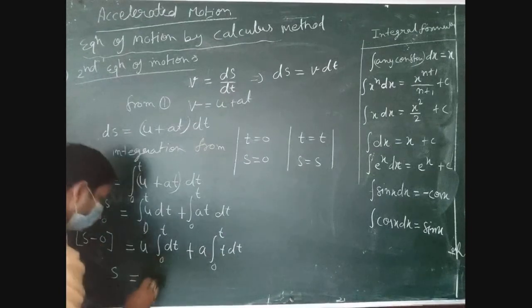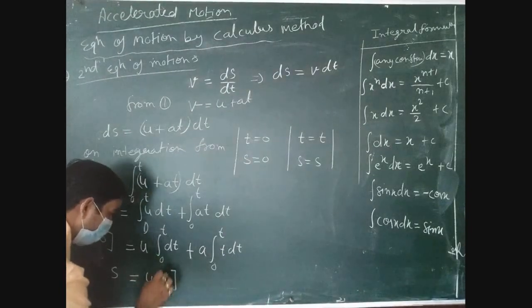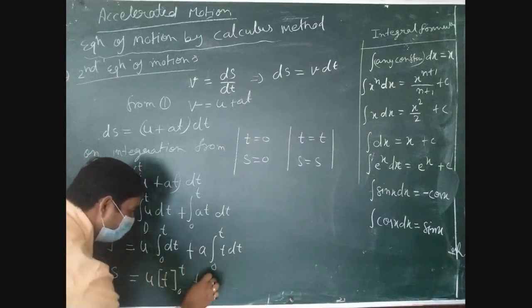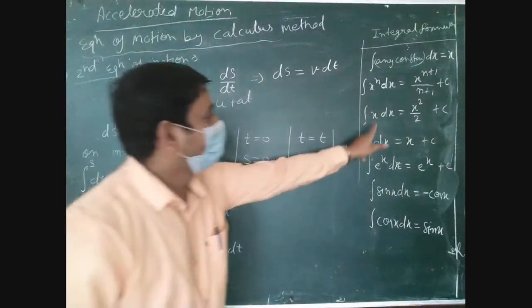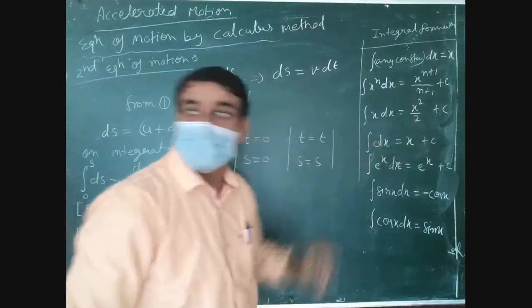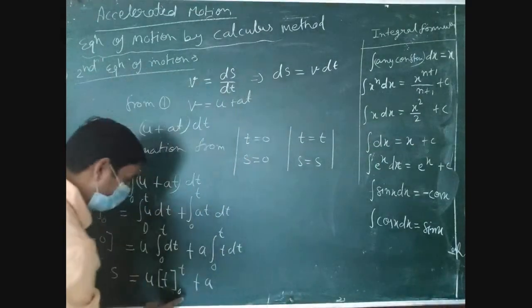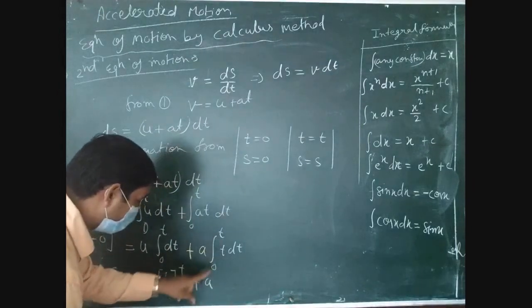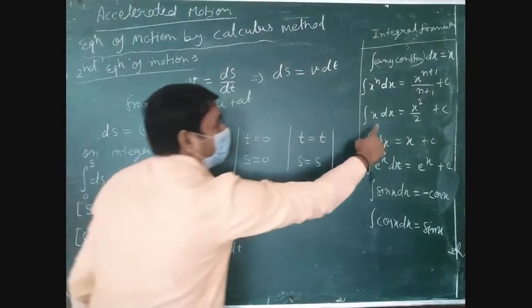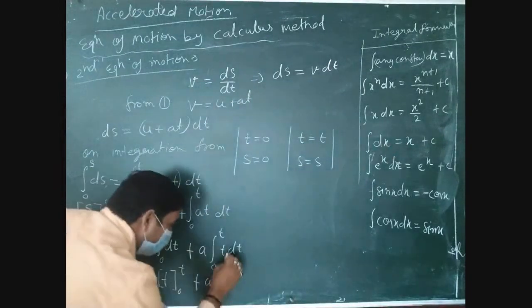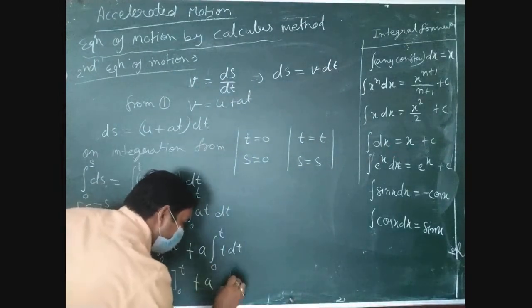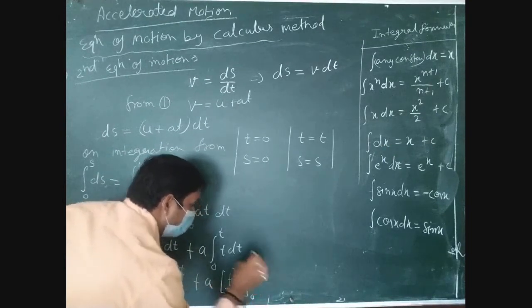Now we get s is equal to u t from 0 to t plus a times the integral of t dt. Integration of x dx is x square by 2, so t dt is t square by 2 from 0 to t.